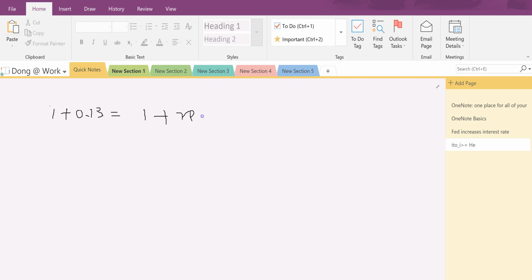Sorry for my very ugly handwriting, because I don't have a writing pad with me here, so I have to use my mouse, which is not very easy to use. Let me just use some abbreviation, real rate.